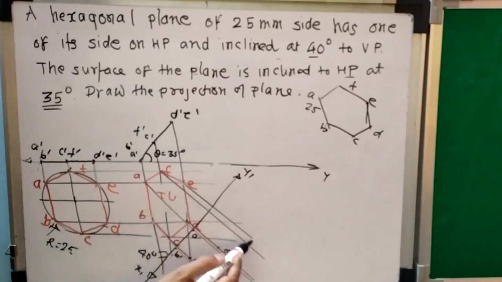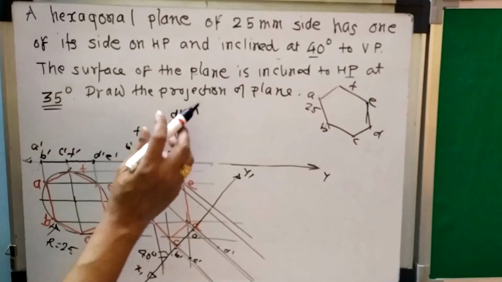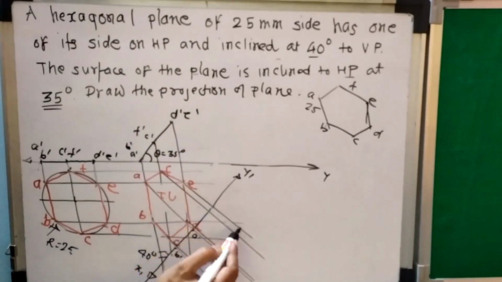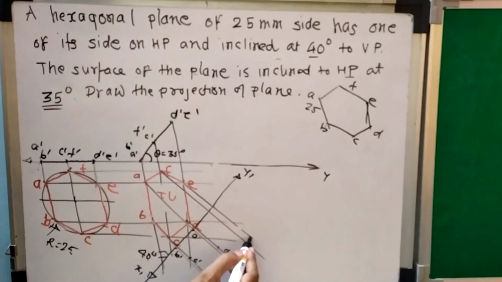Similarly, E is projected, the previous view of this E is here, so take this distance in the compass and cut from new x1 y1, so this will be E dash.